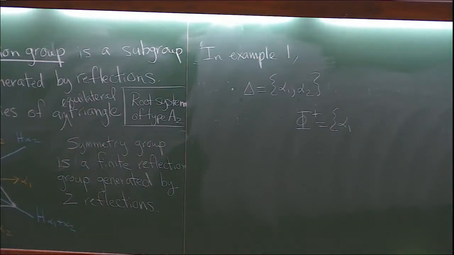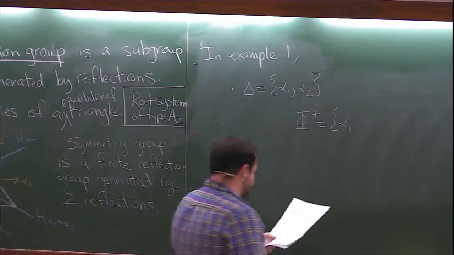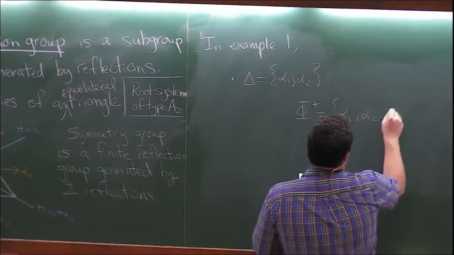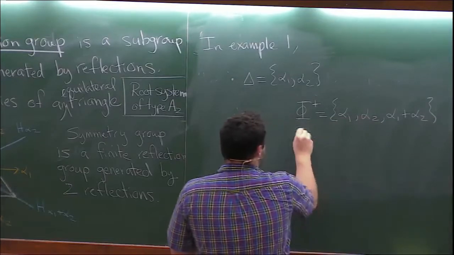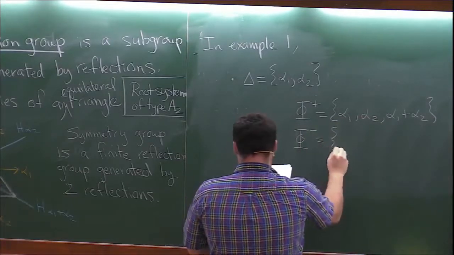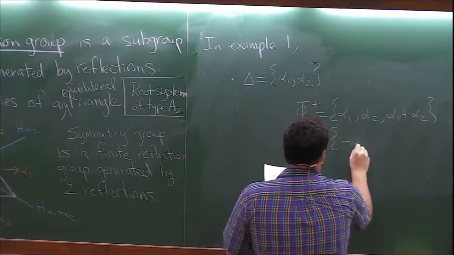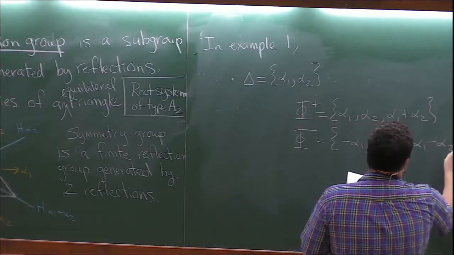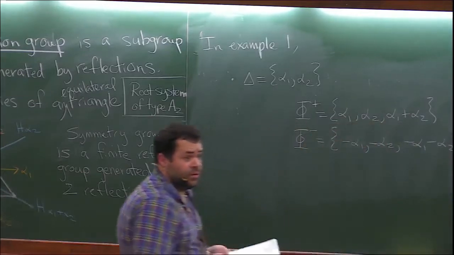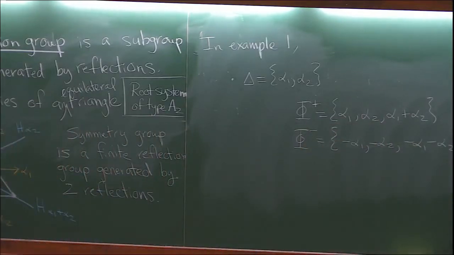So the orange ones are my roots. Alpha 1 works, alpha 2 works, and alpha 1 plus alpha 2 works. And the negative ones are negative alpha 1, negative alpha 2, and negative alpha 1 minus alpha 2.